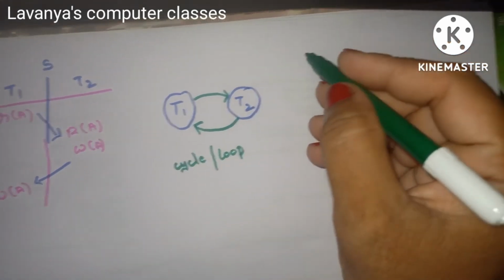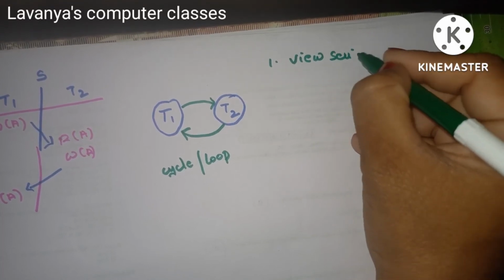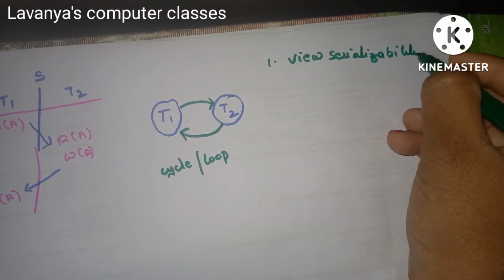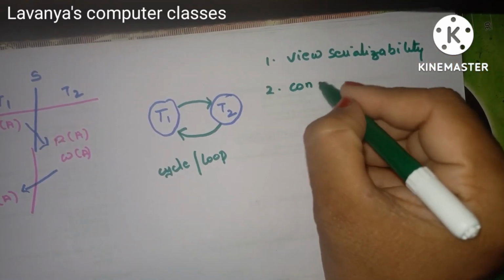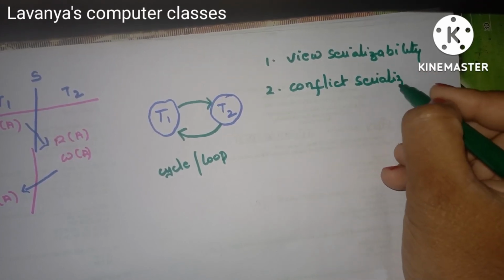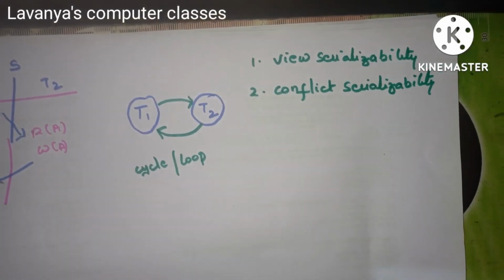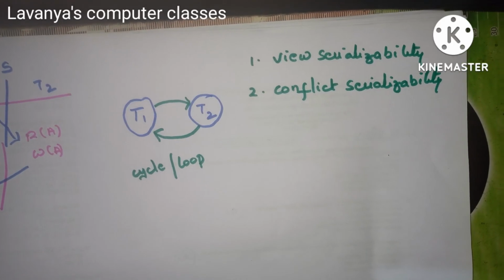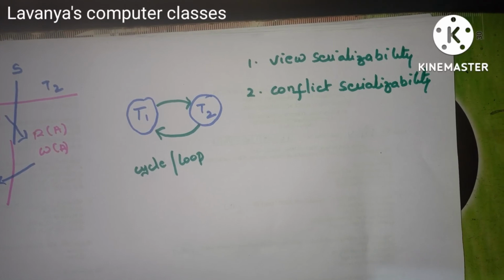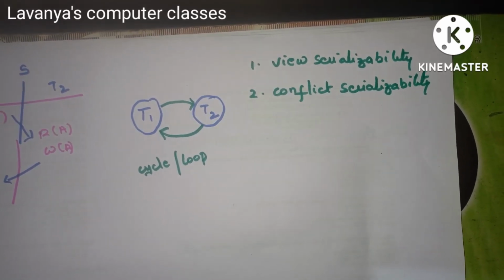For checking serializability, there are two methods: one is view serializability, and the second one is conflict serializability. Now I will explain conflict serializability.